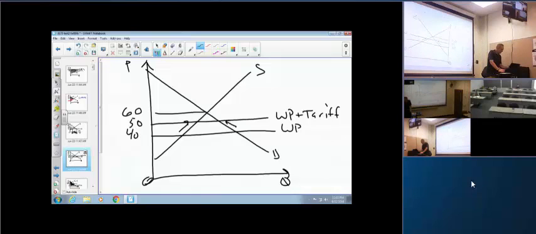Let me finish this, though, because here's the way I want to go with this. Actually, let me get rid of those arrows and draw this. Notice we were importing, I don't want to make this too cluttered, 6,000 units before the tariff, but now that the tariff has effectively raised the price, look at what the imports have done.